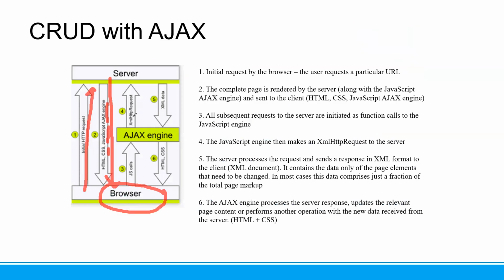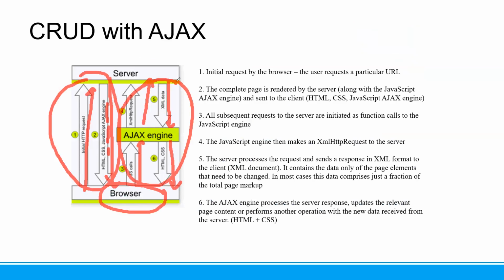If everything is ready, then the browser can just call the Ajax engine to do some changes, or maybe read the file, or maybe delete the file. And then this XML data will appear in the browser. So we don't need to do any refresh on this page, but we just need to deal with this kind of engine. Okay, so this is the explanation.